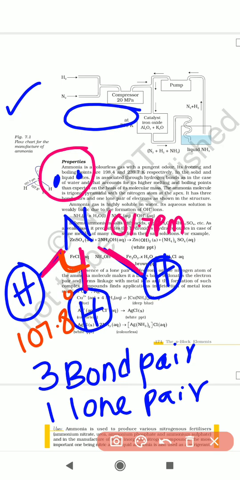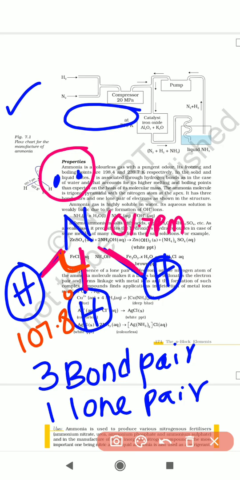So its bond length is 101.7 picometer and its bond angle is 107.8 degrees. So this is the geometry of the ammonia molecule.